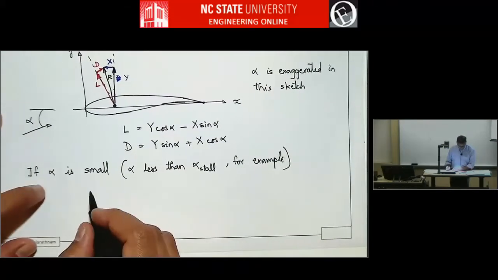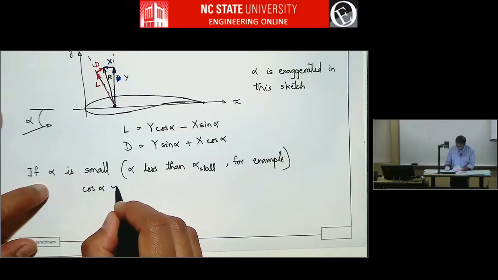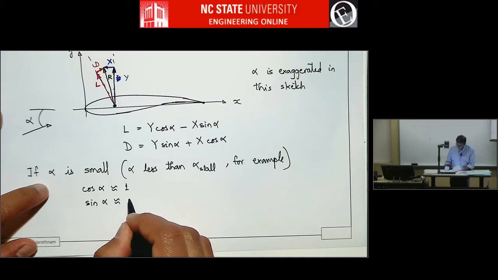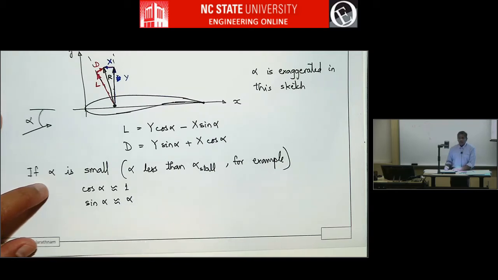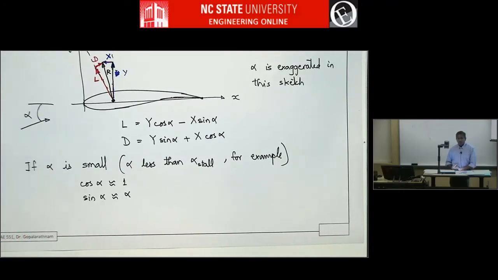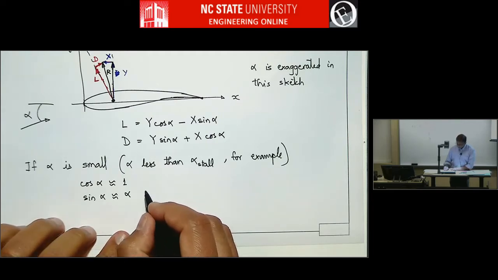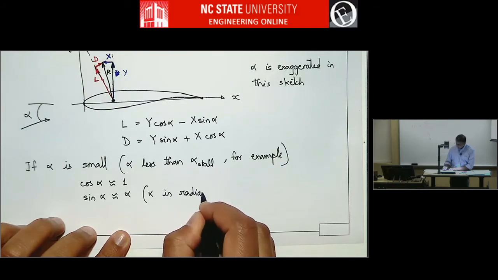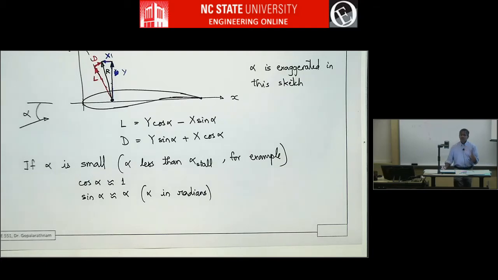So if alpha is small, cosine alpha is approximately 1 and sine alpha is approximately alpha. The sine alpha being equal to alpha is the small angle approximation, and cosine alpha being 1. But this works only if alpha is in radians. It took me a long time to realize this. Maybe sometime in grad school I finally realized, oh, this is what they mean. And I'm wondering if many of you are like that. You just kind of go on saying small angle all during undergrad, and then sometime later you think about it.